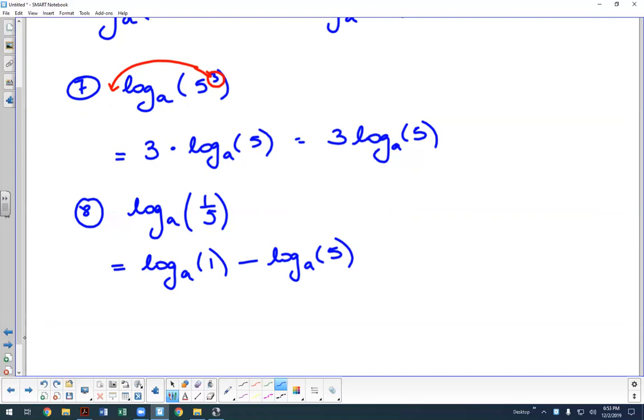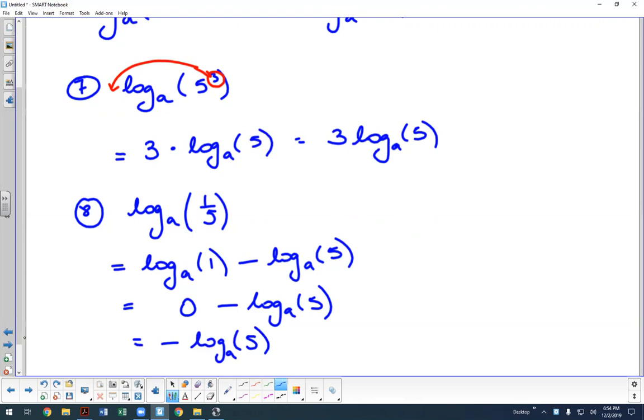Now what's log of 1? We had talked about this earlier in section 4.2. Just in your calculators, type in log of 1 or natural log of 1. What do you get? 0. Log of 1, any base, is always going to be 0 because the idea is a raised to what exponent gives us 1? Well, a raised to 0 gives us 1, right? So you're always going to get 0 for log of 1 no matter what the base is, minus log of 5. So you end up getting negative log of 5 with base a as your answer.